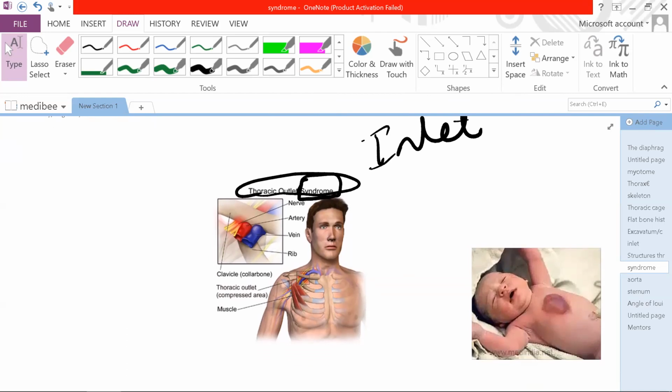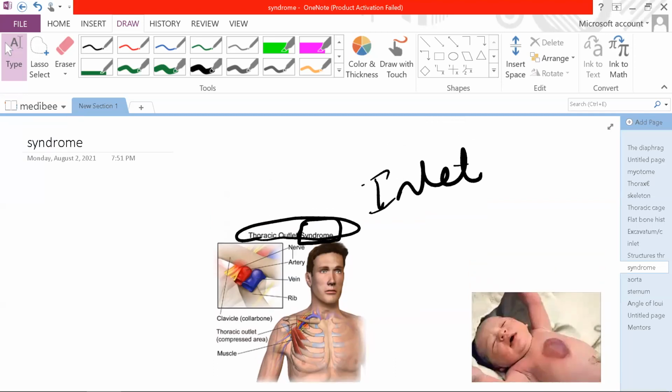Usually the compression is of the lower trunk of the brachial plexus and the subclavian artery, because of which you may have some symptoms, including weakness in the medial side of the arm, numbness, and tingling sensation. Take a look at this. You will get this in almost all of the main books.